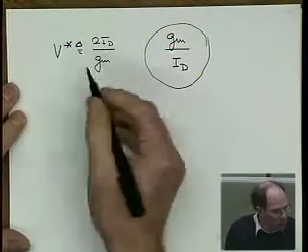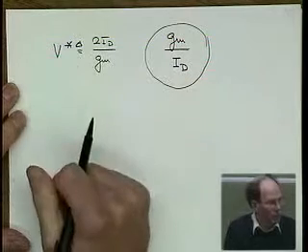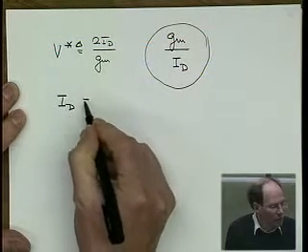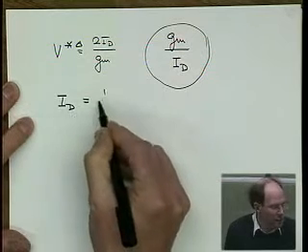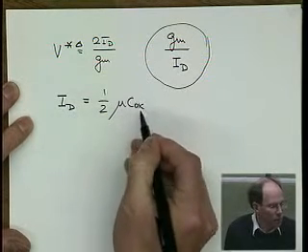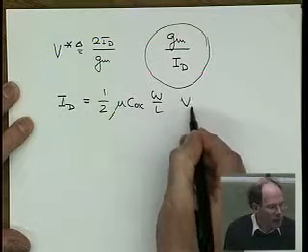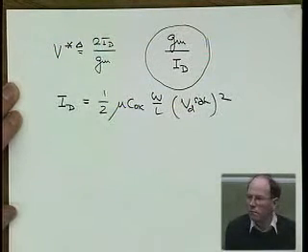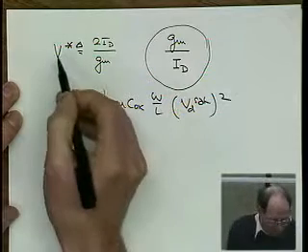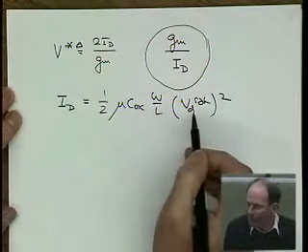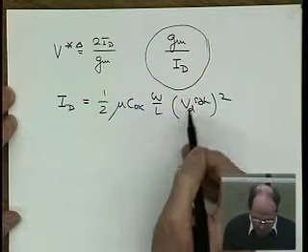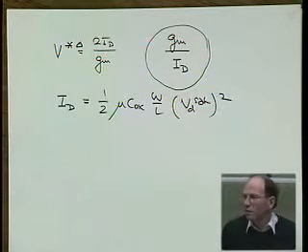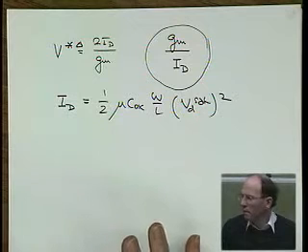And so if you rely on this being VDsat, you get errors because when you believe that, then you also believe that the ID in saturation is equal to 1/2 mu Cox W over L VDsat square, right? That's what you believe. Well, if you use this V star in here, you get the wrong value, or if you use this VDsat for here, then you get the wrong ratio for GM over ID. So that's why we have to be very careful.